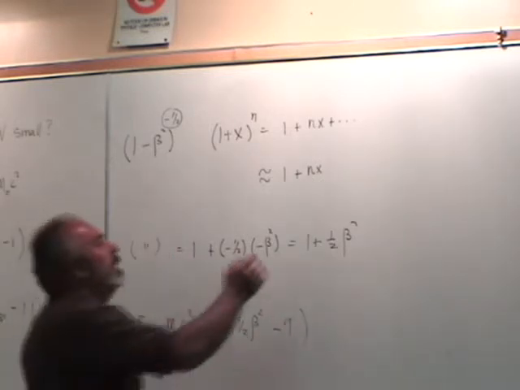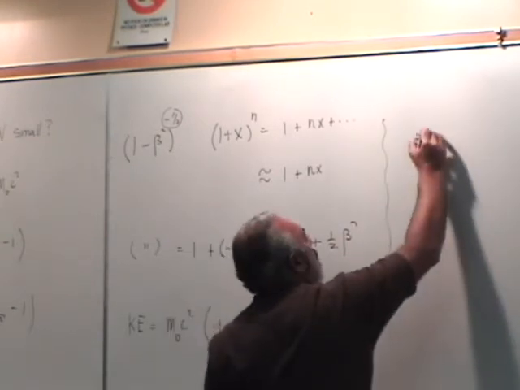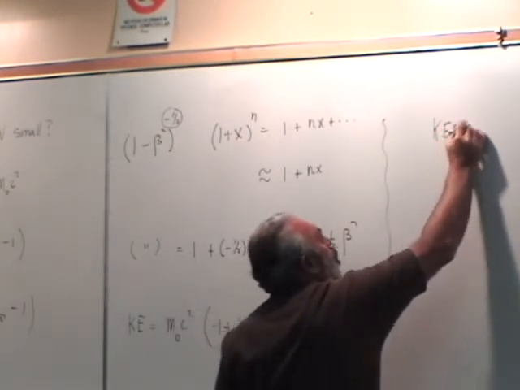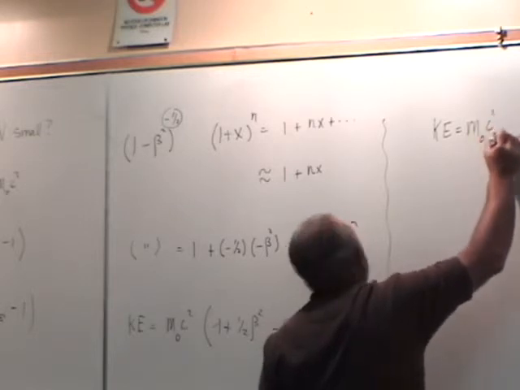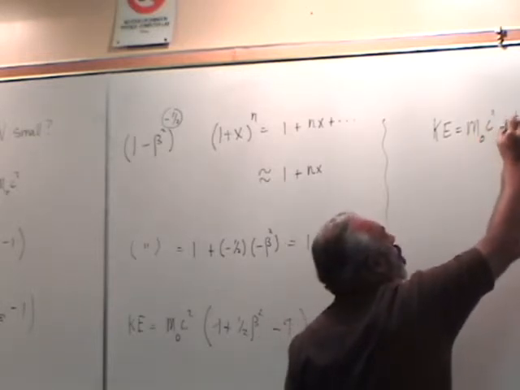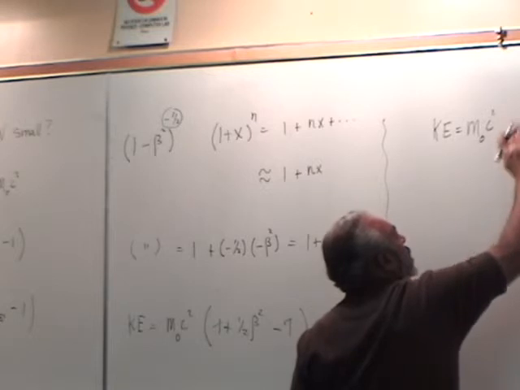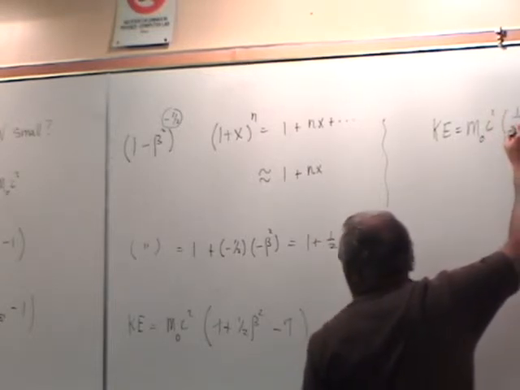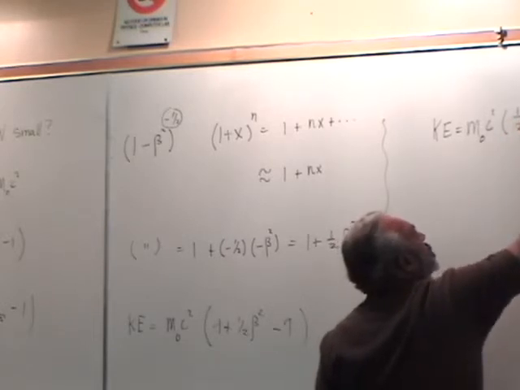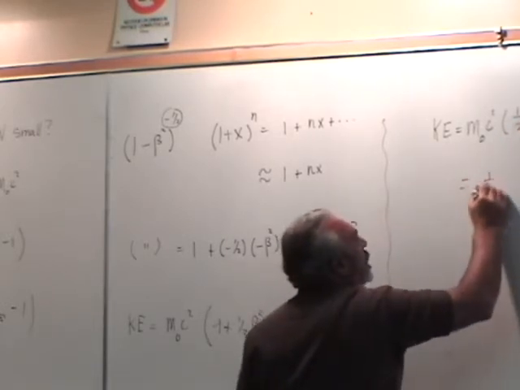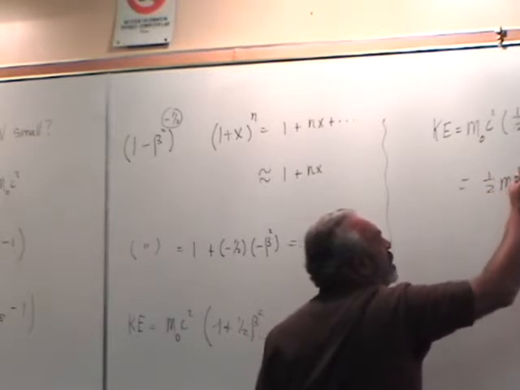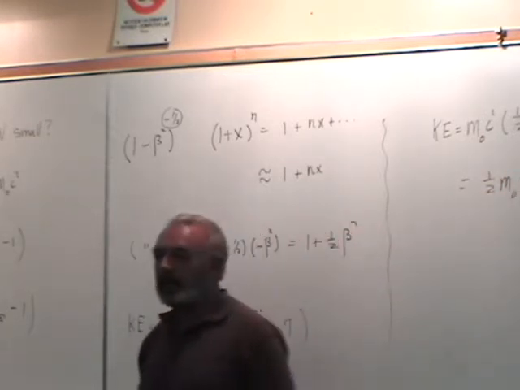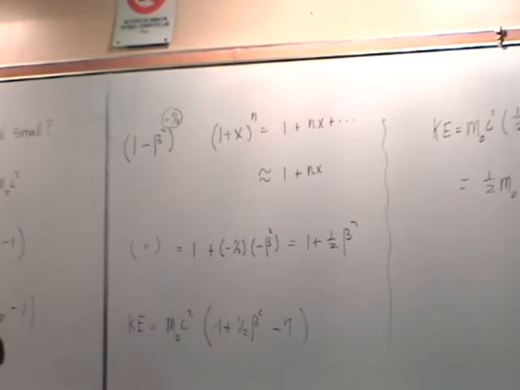So we end up with our new kinetic energy, KE, equals m naught c squared times 1/2 v squared over c squared. Lo and behold, we get 1/2 m naught v squared. Have you ever seen that before? Never. What a surprise.